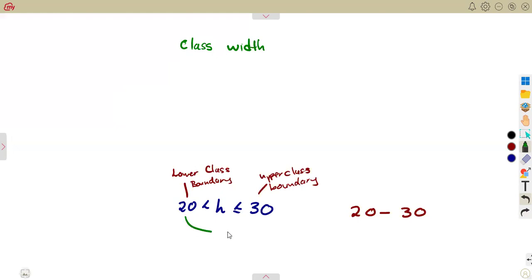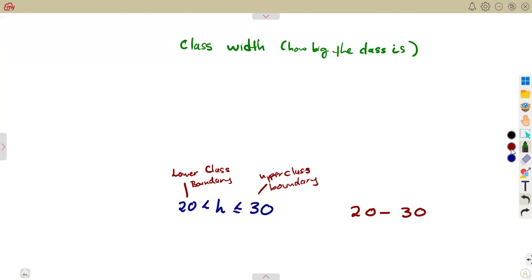Because this is our class from 20 to 30, how big is this class? That is the width. How big the range is from what you're given, how big the class is.